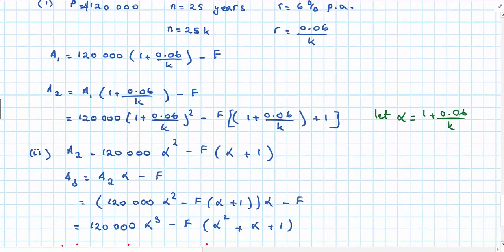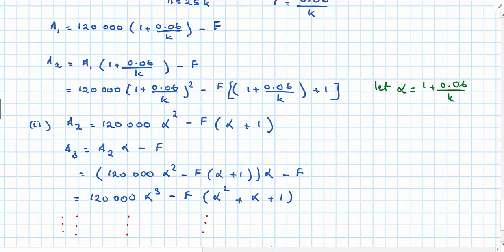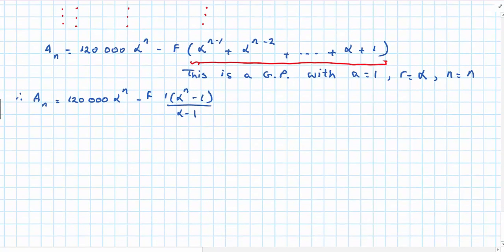So what was my alpha? My alpha was 1 plus 0.06. So let's replace alpha in the denominator by this: 120,000 alpha to the n minus 1 over alpha is 1 plus 0.06 on k, minus 1.